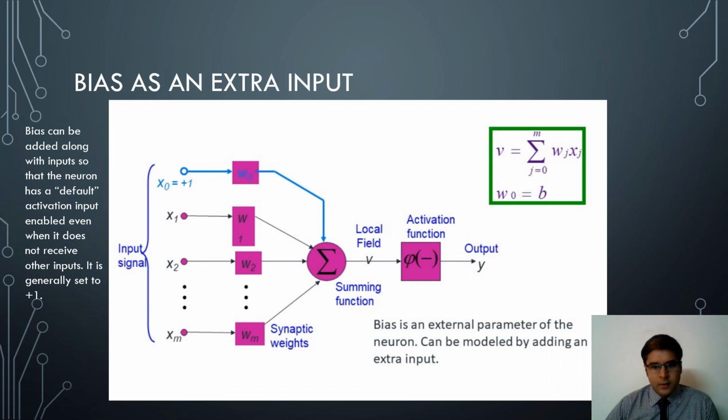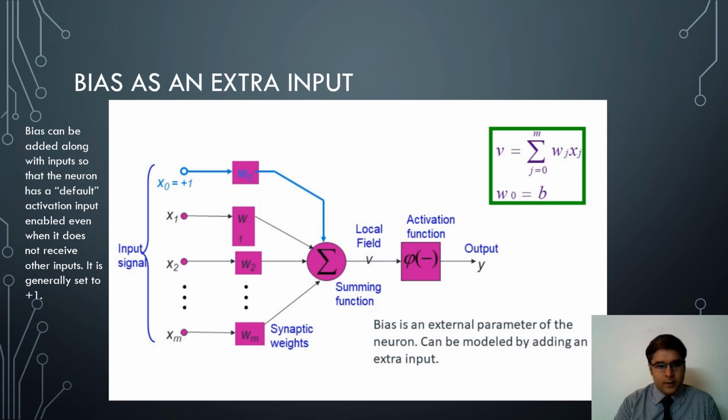Bias as an extra input is explained in this slide. Bias can be added along with input so that the neuron has a default activation input enabled even when it does not receive other inputs. It is generally set to +1. So in order for the neural network to keep functioning smoothly even when no input is provided, a bias is provided along with the inputs, generally set to +1.